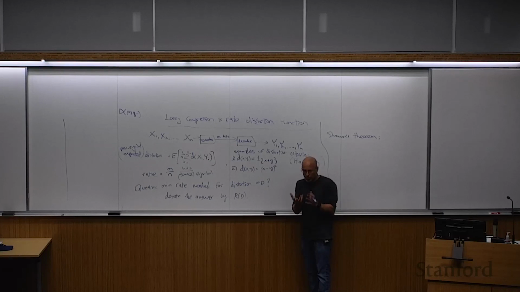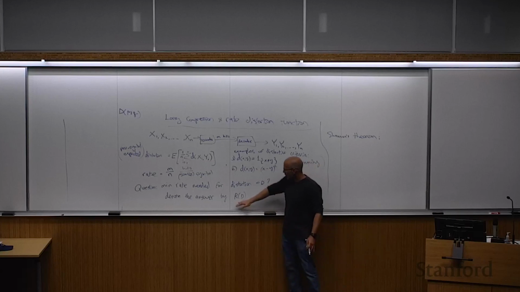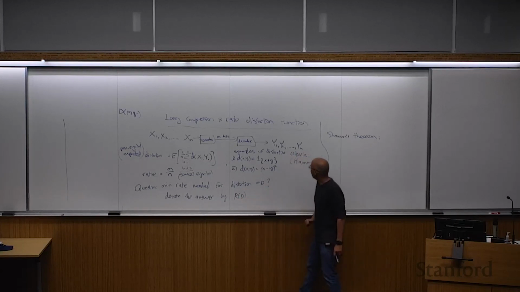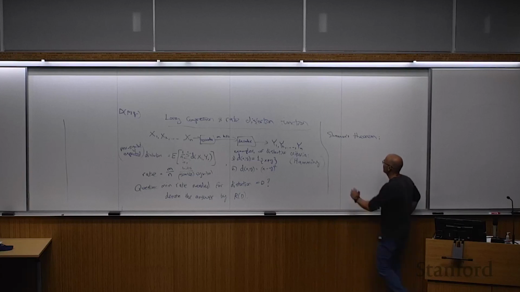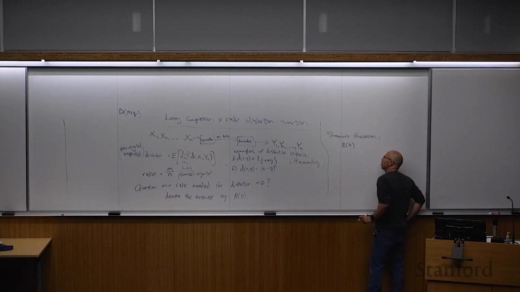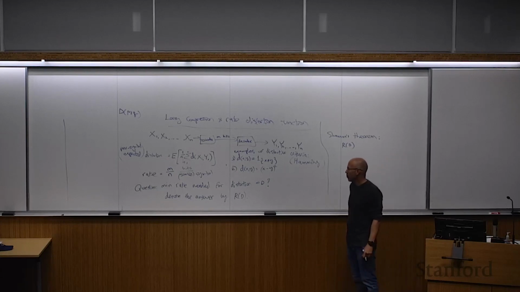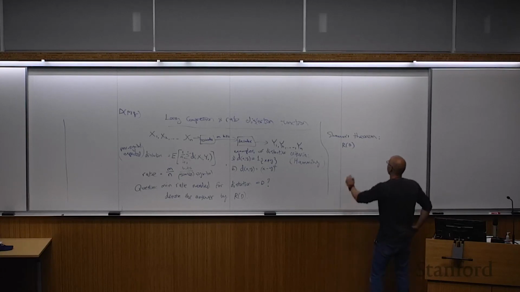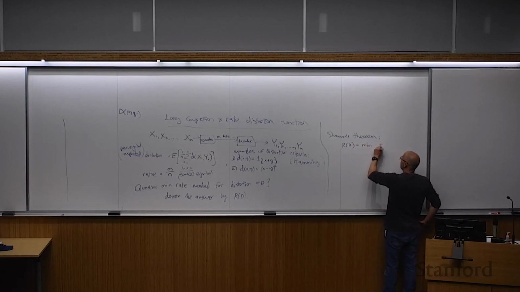Okay, so there's some answer, there's some minimum rate that we're going to need, denoted by this R of D. And Shannon's theorem is that R of D, the minimum rate that you need to achieve distortion no more than D, is given by the minimum mutual information between X and Y.